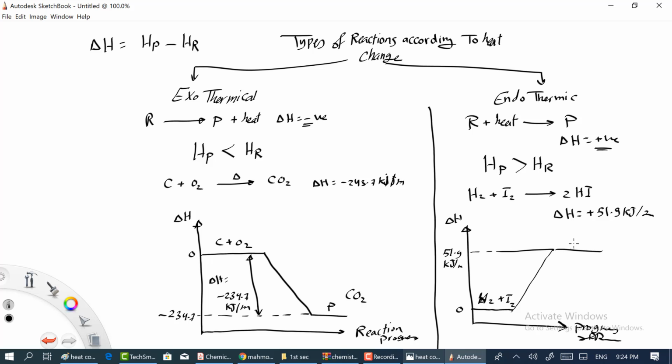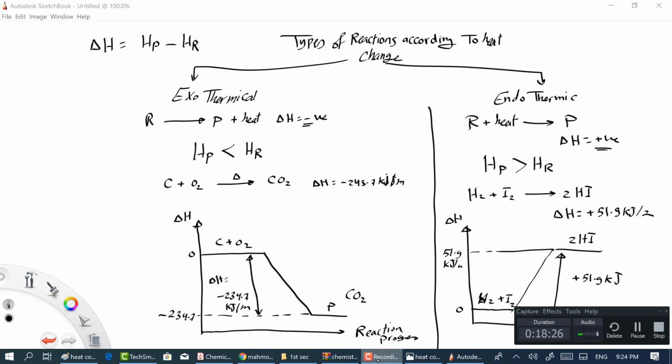The difference between the reactant and the product is positive 51.9 kilojoule per mole. So for the endothermic reaction, delta H is positive, and for exothermic, it will be negative. Let's talk about the bond energy.